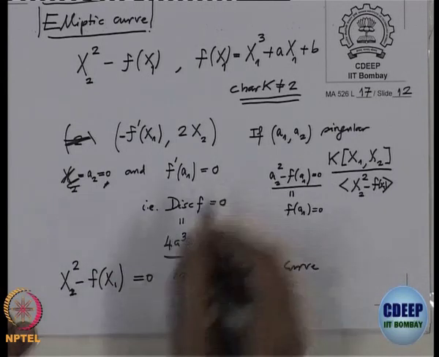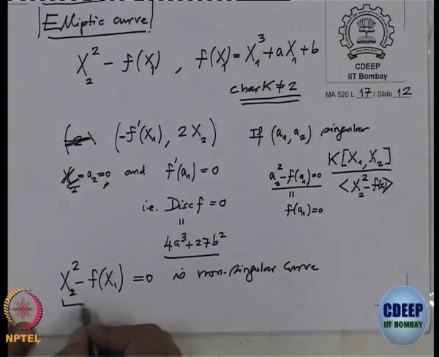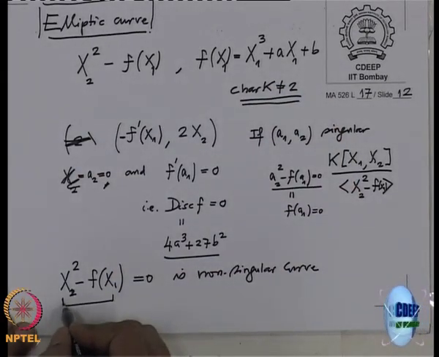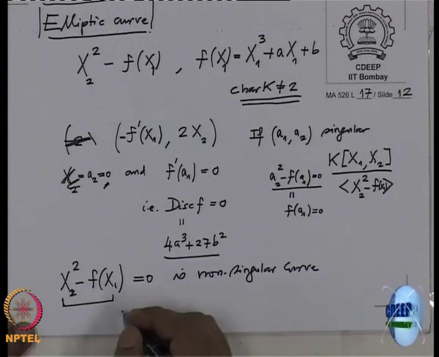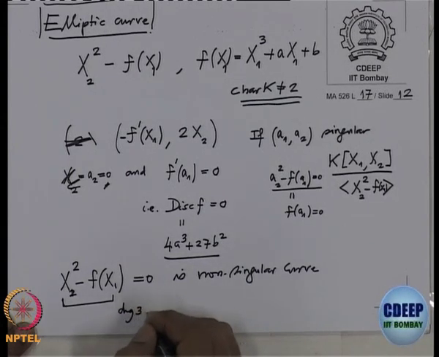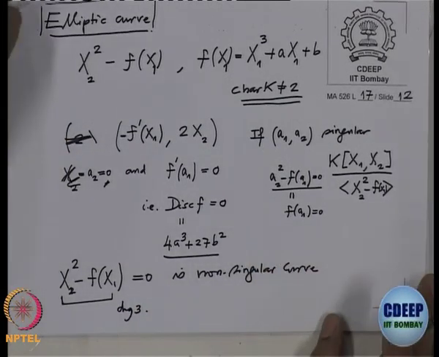And you see the degree of this polynomial in x1 and x2 is 3. Such curves are called elliptic curves. There is an abstract definition of elliptic curves, and then one says that if you put them in coordinates, it will become this one.